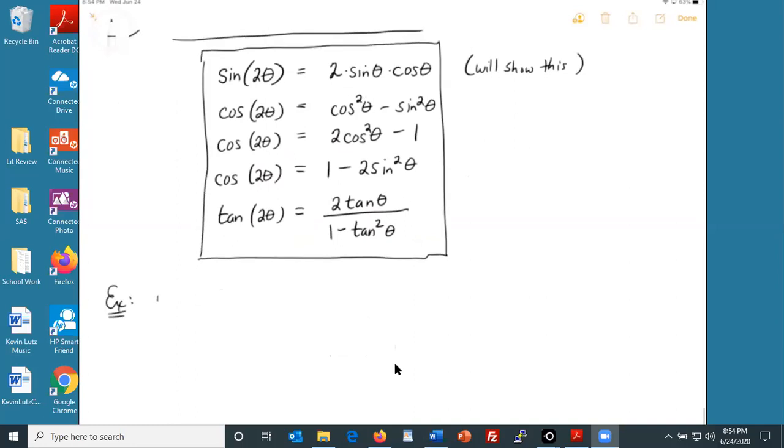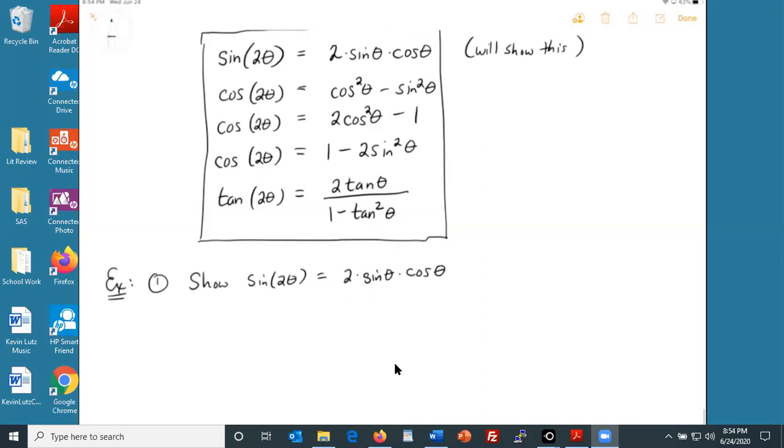Example number 1, like I said, I'm going to prove to you how the first one is derived. I will show you that the sine of 2 theta is simply 2 sine times cosine. We're going to start with the left side, sine of 2 theta.